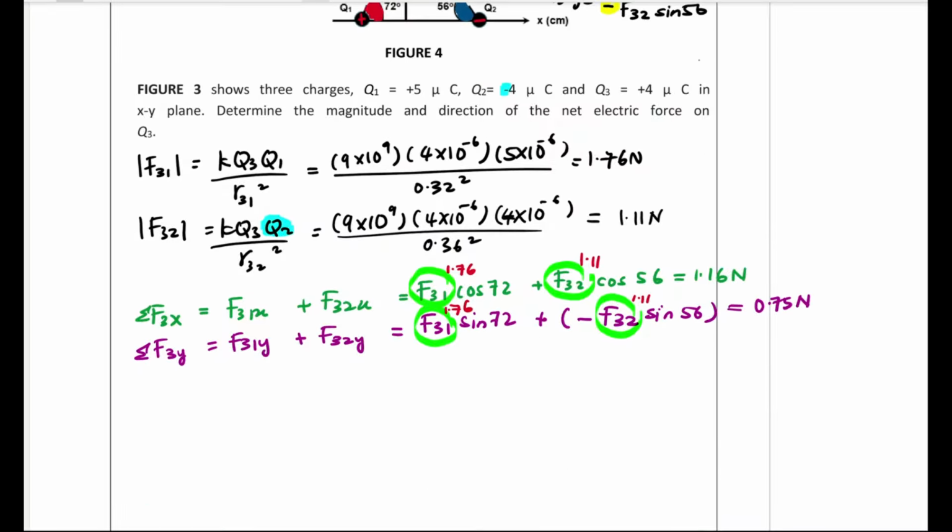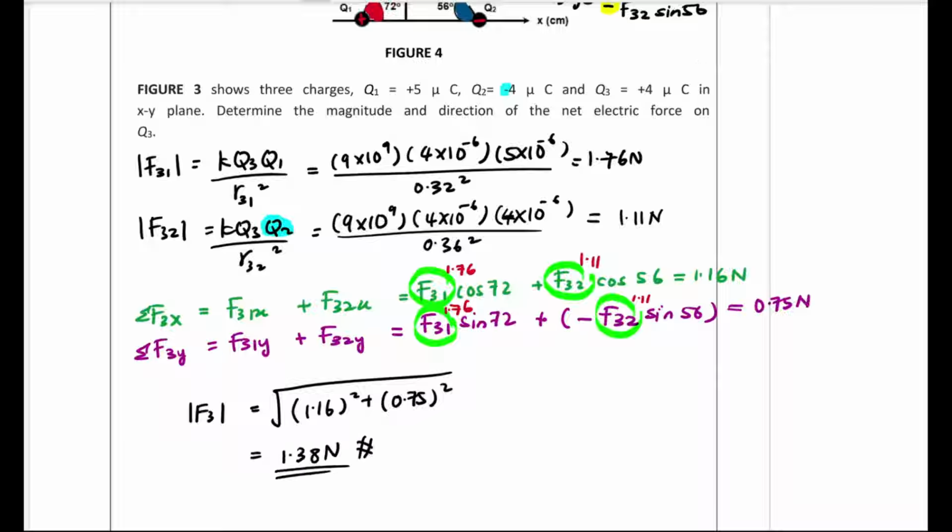Okay. And now you find the resultant force on charge 3. So the total force in X component plus the total force in Y component. So the answer is 1.38 Newton. So this is the magnitude, and the direction is inverse tangent, total force in Y component over total force in X component. So the answer is 32.88 above positive X-axis.